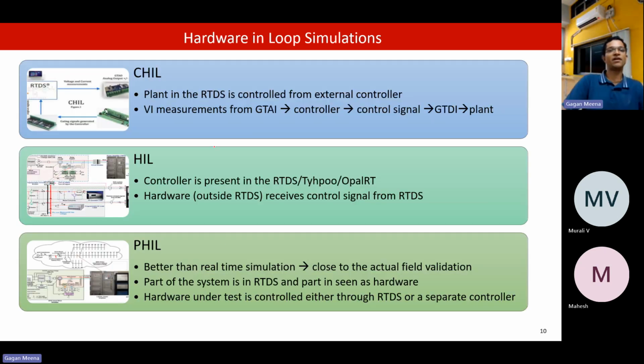And these are the different hardware in loop simulations. This is the loop which is shown. I think you are able to see the picture here. So this is the control hardware in loop.